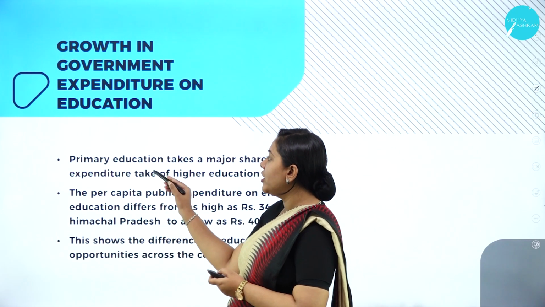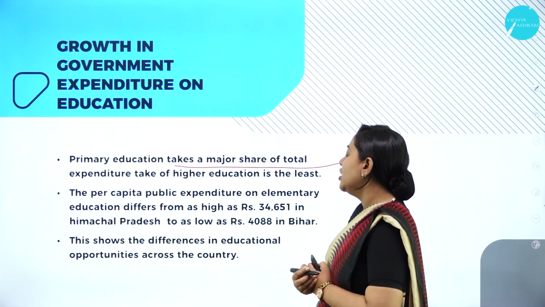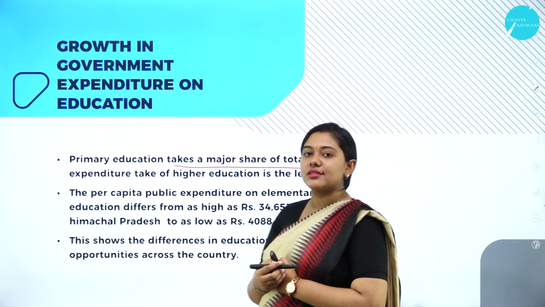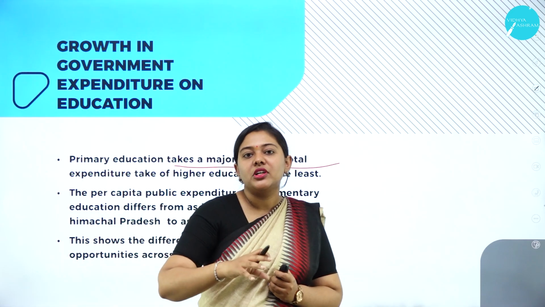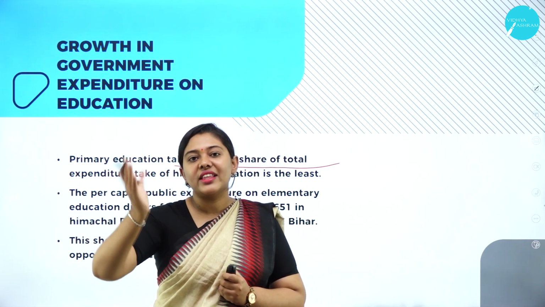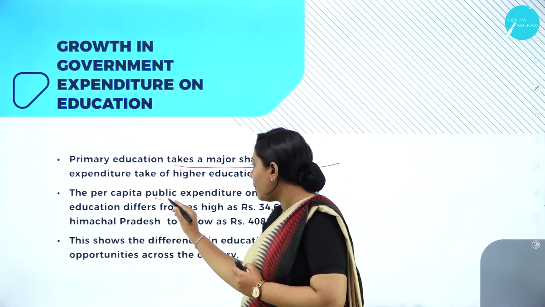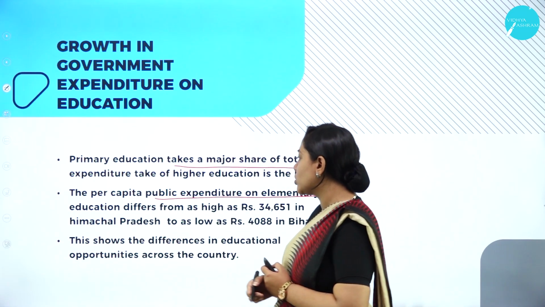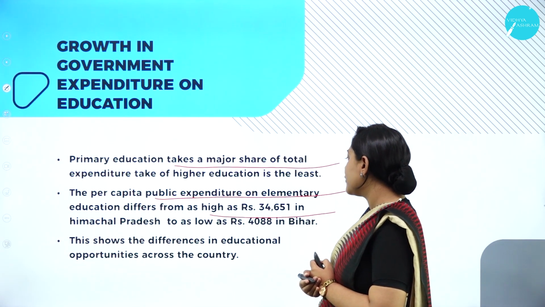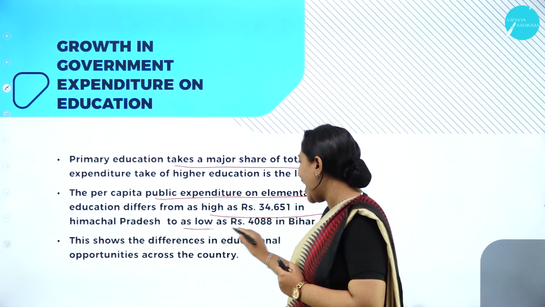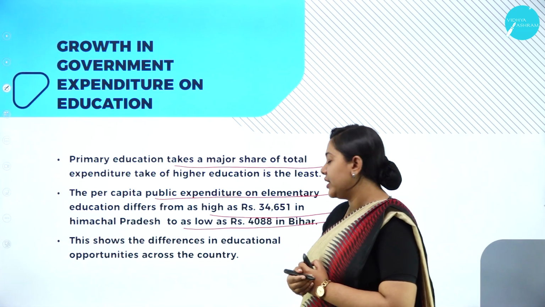Next, moving forward, primary education takes a major share of total expenditure, while higher education takes the least. The government incurs a lot more expenditure in providing primary education than higher education. The per capita public expenditure on elementary education differs from as high as rupees 34,651 in Himachal Pradesh to as low as 4,888 in Bihar.